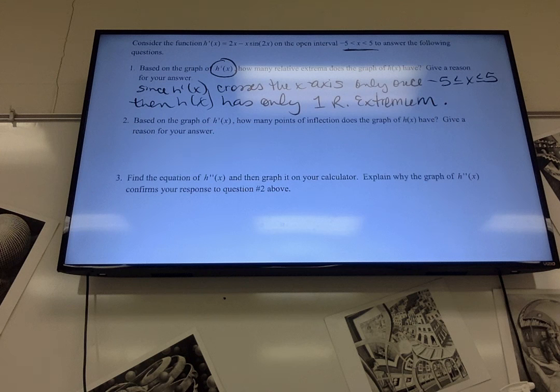So now we have to look at when it changes signs. So h of x has a point of inflection when h double prime of x changes signs. Now, how can you look at the graph of h of x?